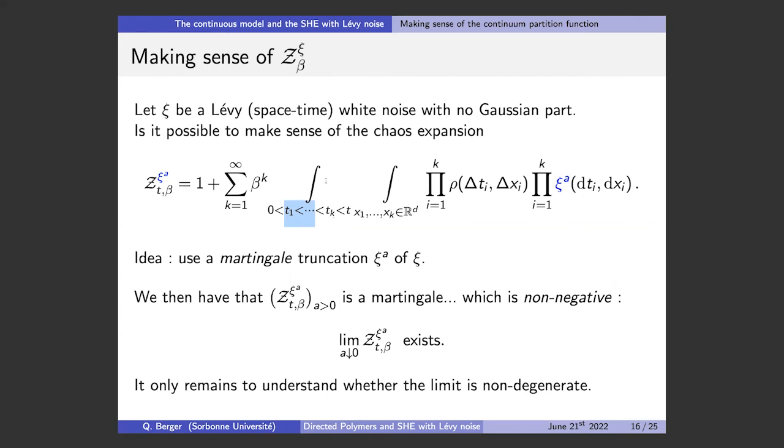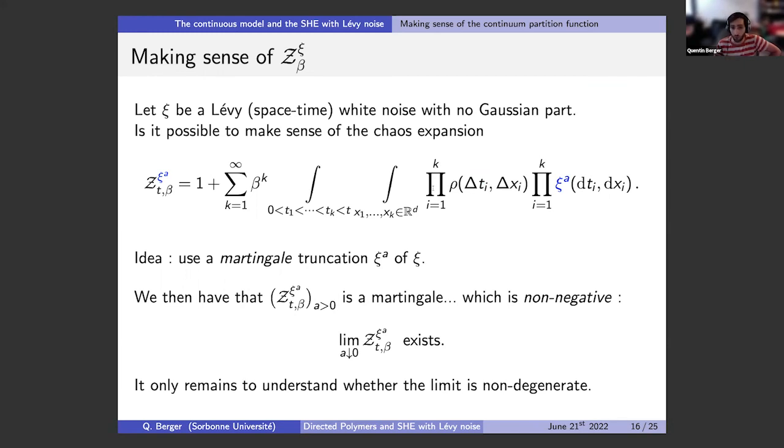A way to write that is to put the integral over all t1 to tk between 0 and t, and put the indicator that t1 is smaller than t2, smaller than tk. I see. No, it's clear now. Thank you. I didn't explain what the delta ti is because I think it's transparent. It means ti minus ti minus 1.